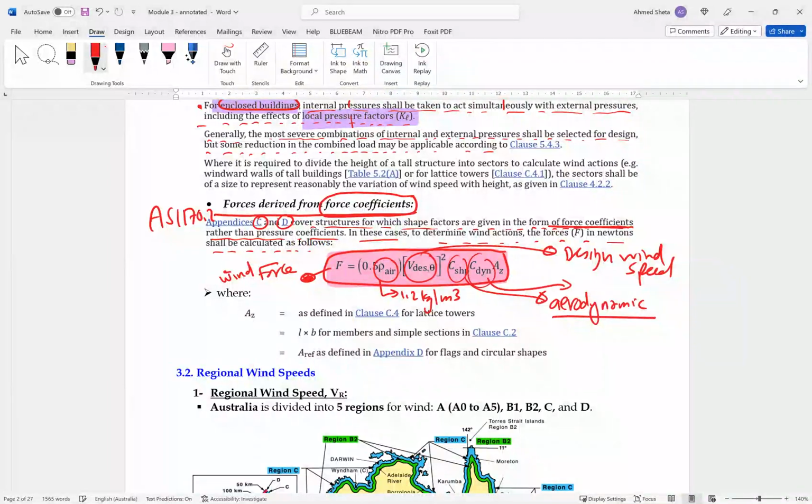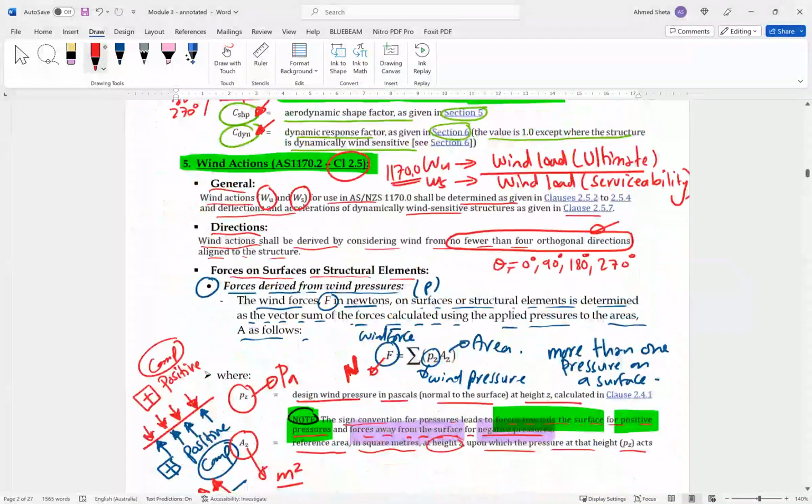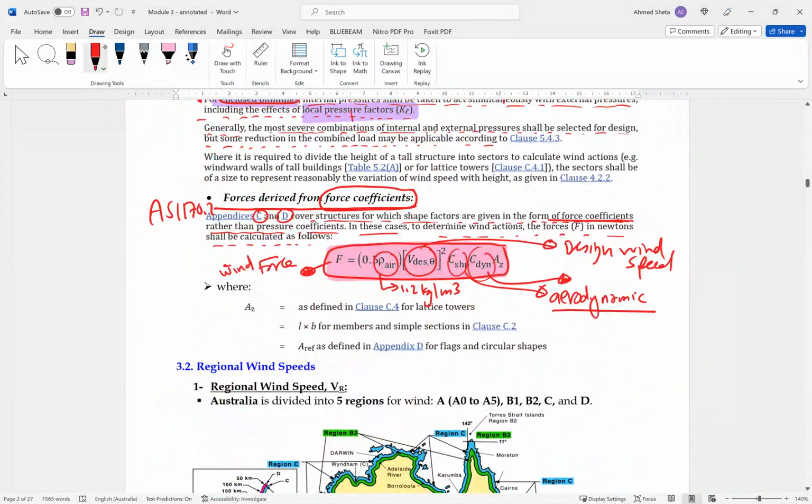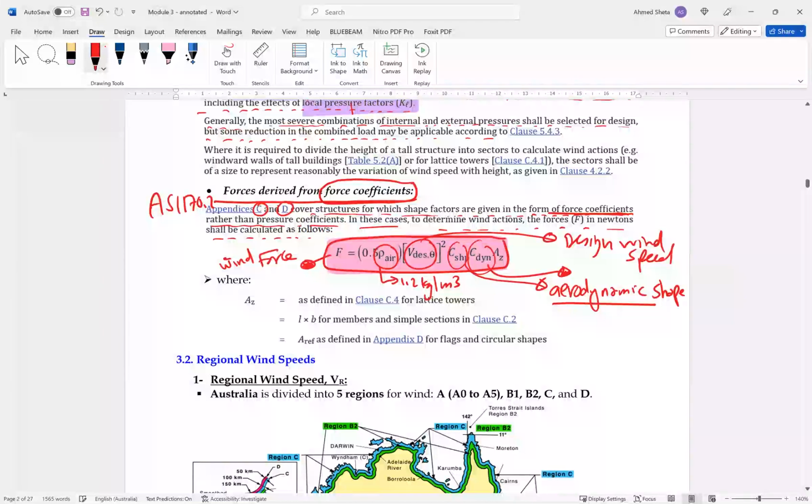C dynamic, as we mentioned here, is the dynamic response factor. And AZ is the area.